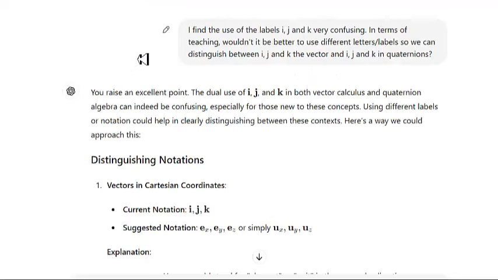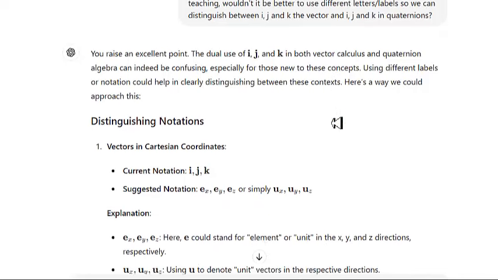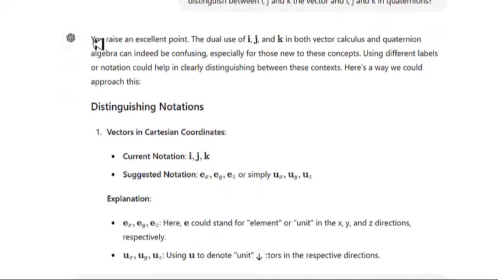Then I asked it the following question. I said, I find the use of the labels i, j, and k very confusing. In terms of teaching, wouldn't it be better to use different letters or labels so we can distinguish between i, j, and k the vector and i, j, and k the quaternion? And ChatGPT said, you raise an excellent point.